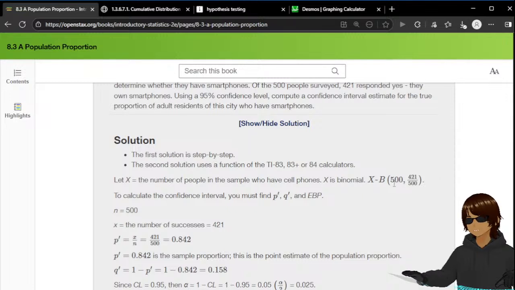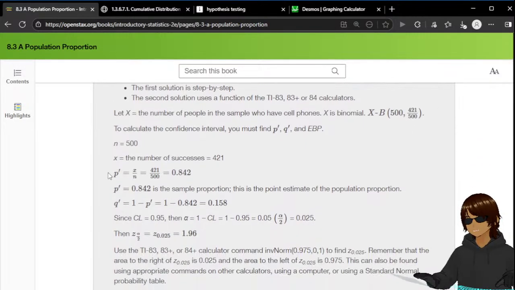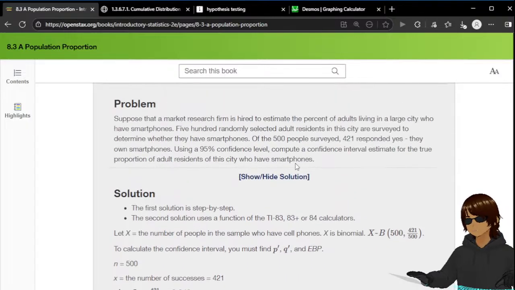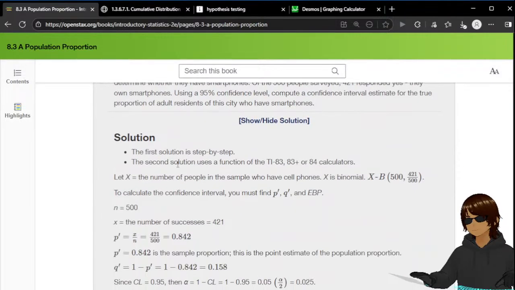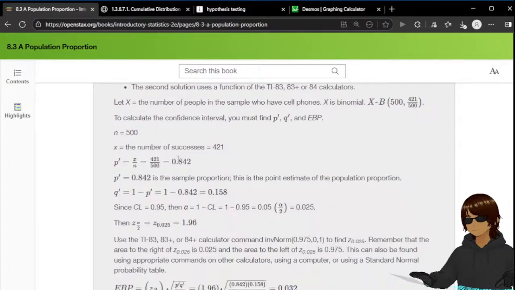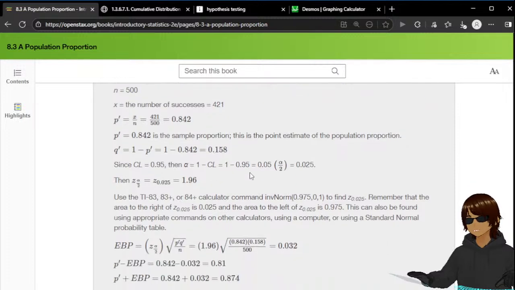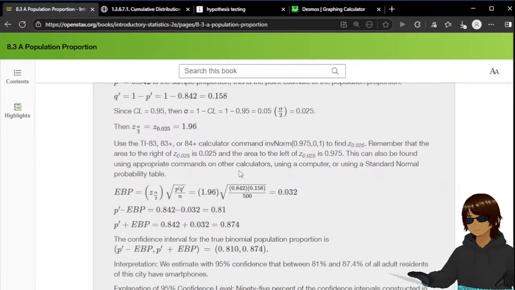Binomial, n is 500. Probability of success is 421 over 500. P prime is this. Q prime. 1.96. Okay, but then what is this?